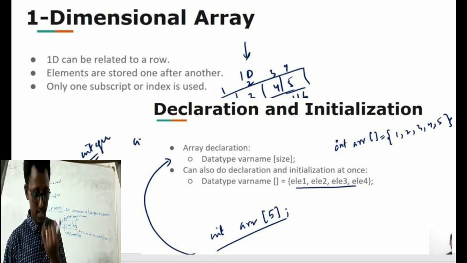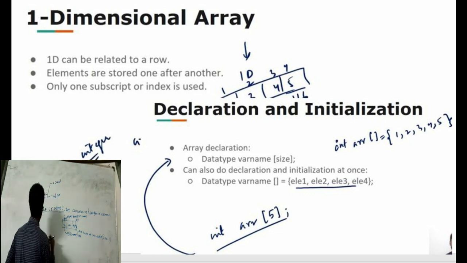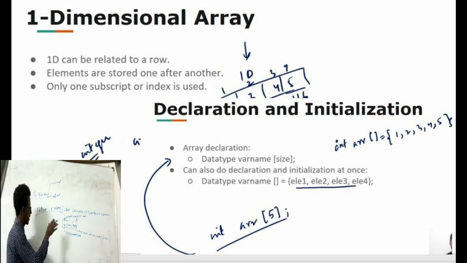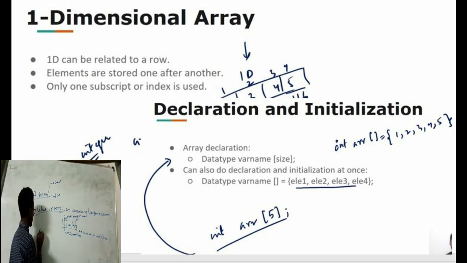Then the next one is the declaration and initialization of arrays. To declare arrays, we first set the type of the array, like int, then the array name, and the size of the array, then a semicolon.